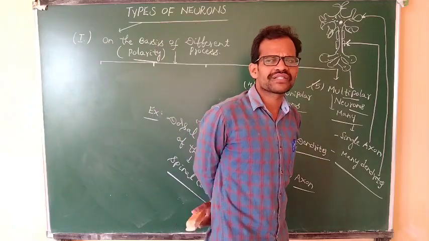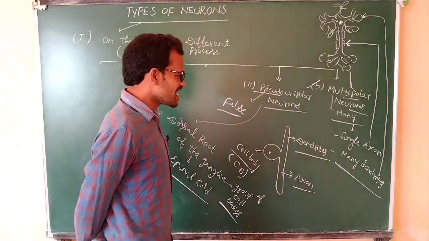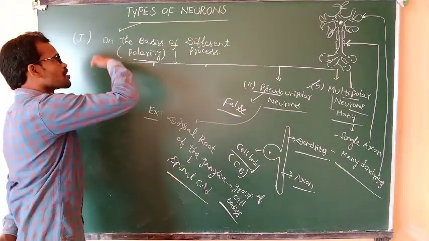These multipolar neurons are present in the central nervous system, that is, the brain and spinal cord.